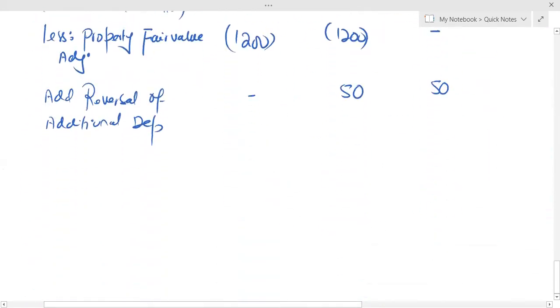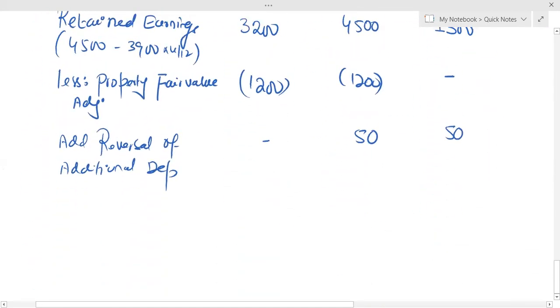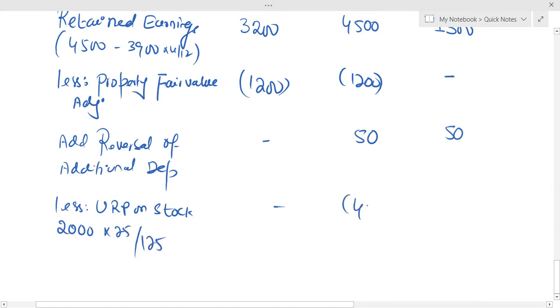Let's deduct: less unrealized profit on stock. Simply I'm taking 2000, 25 upon 125, I'm getting 400.